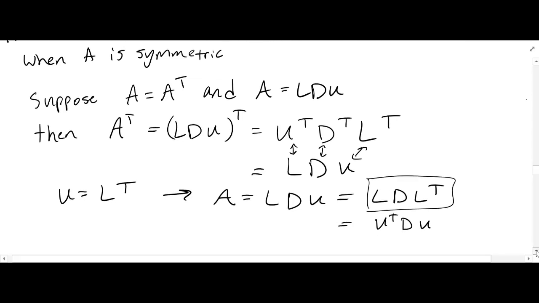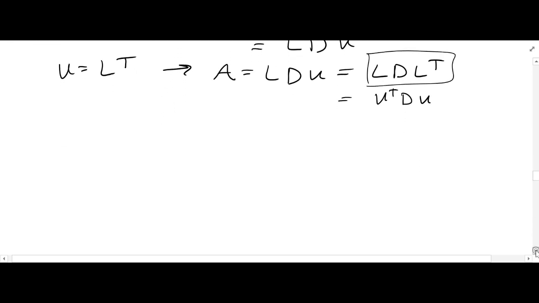So let's do an example where we find the LDL transpose factorization of a matrix. Okay, so for example, you take this matrix.